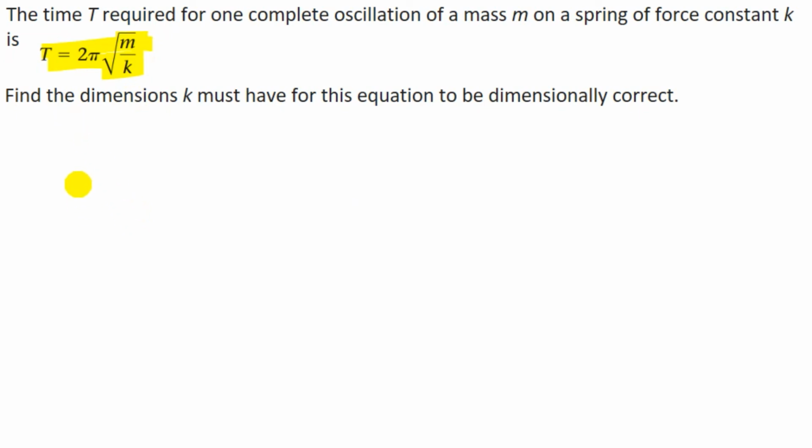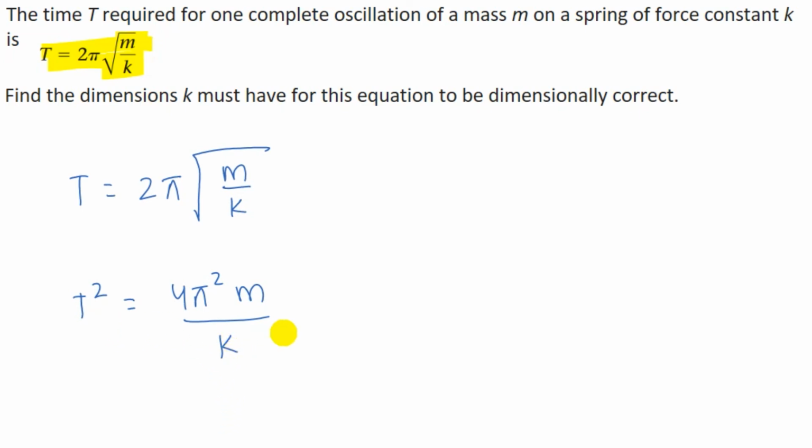So this equation we have, t is equal to 2 pi times under root m over k. To make it simpler, we can square both sides, so it will become t square is equal to 4 pi square times m over k. Now this can be written as k is equal to 4 pi square times m divided by t square.